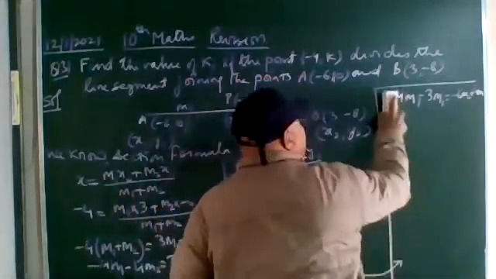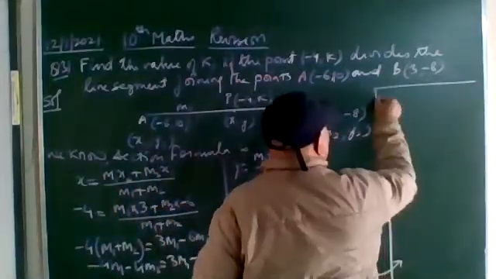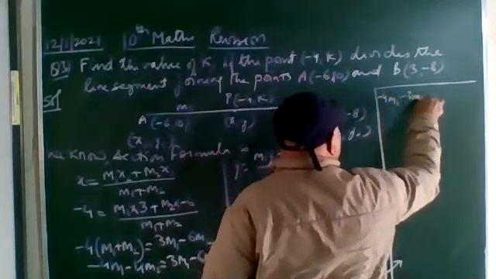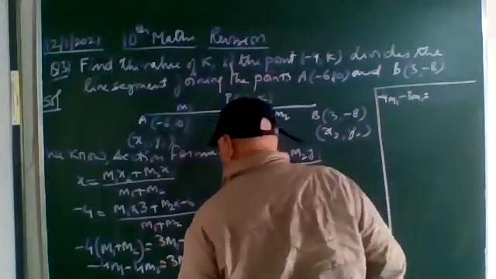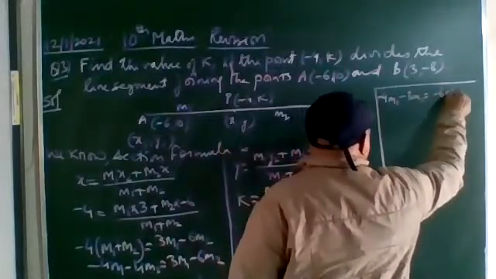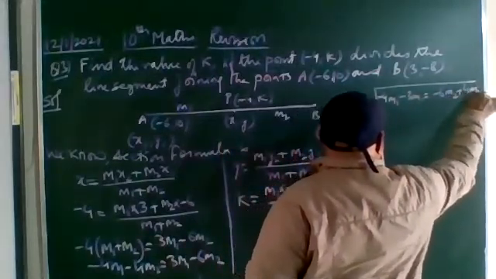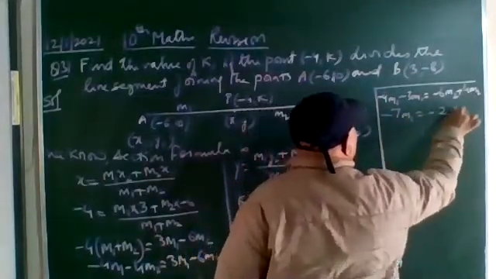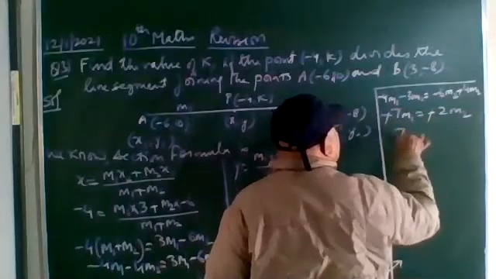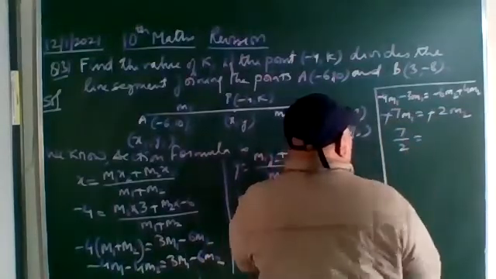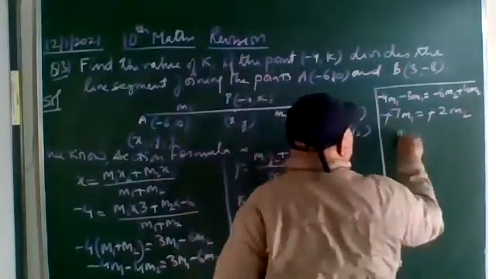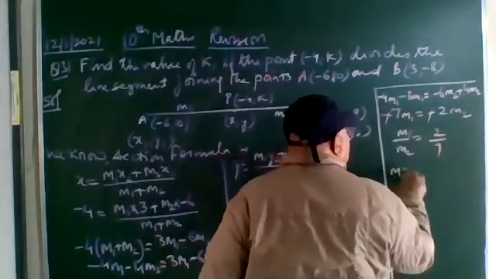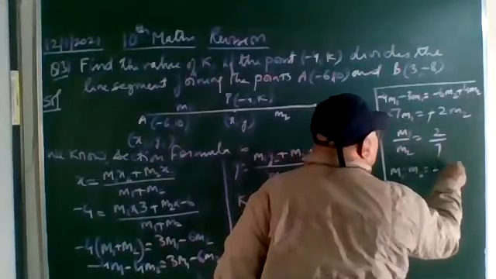That is minus 7m1 equals minus 2m2. The minus signs cancel, so m1 upon m2 is 2 upon 7. So m1 is to m2 equals 2 is to 7.